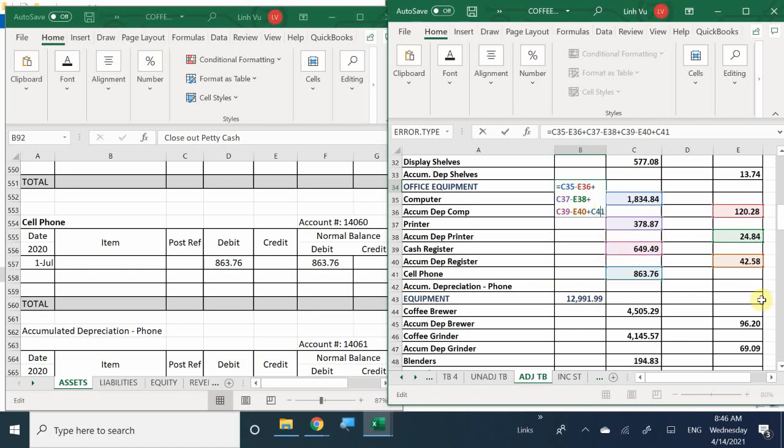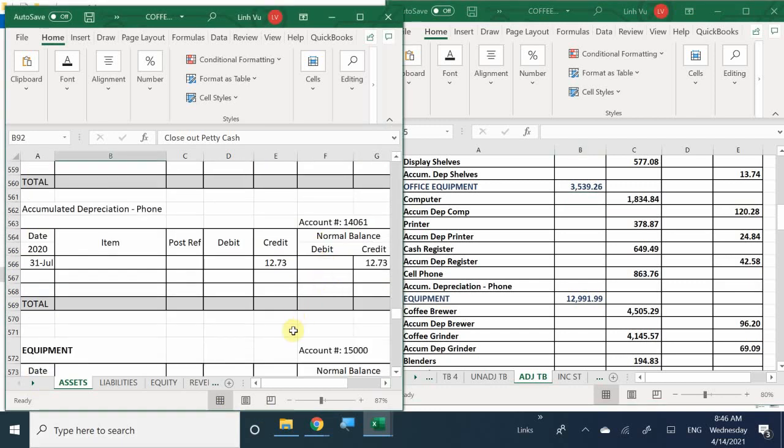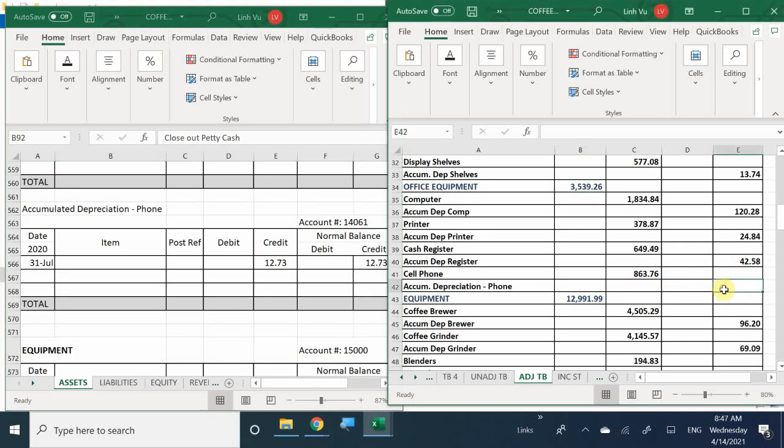So here I have that I added my phone in there. I also need to subtract out the accumulated depreciation right here. So how much was my accumulated depreciation for the phone? It was 73, 1273. Okay, which should now automatically update this. Okay.